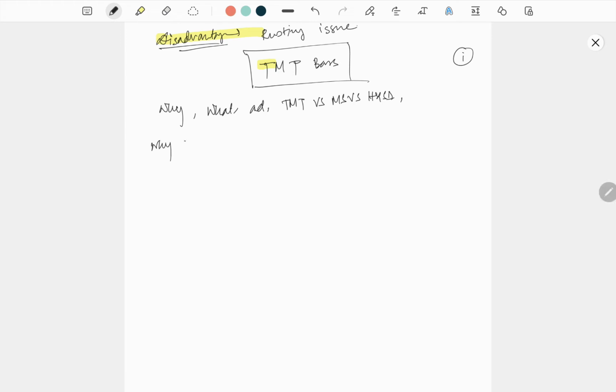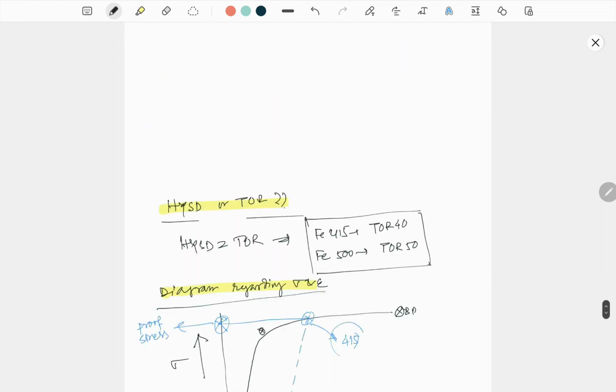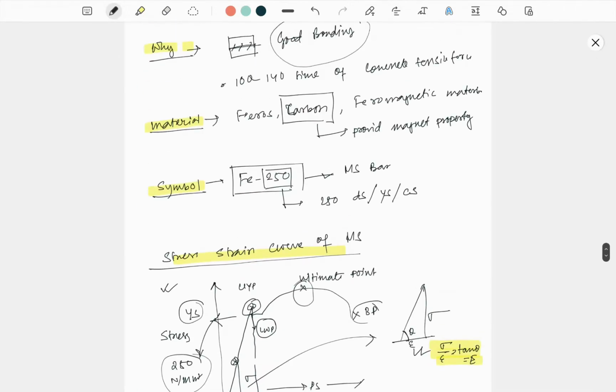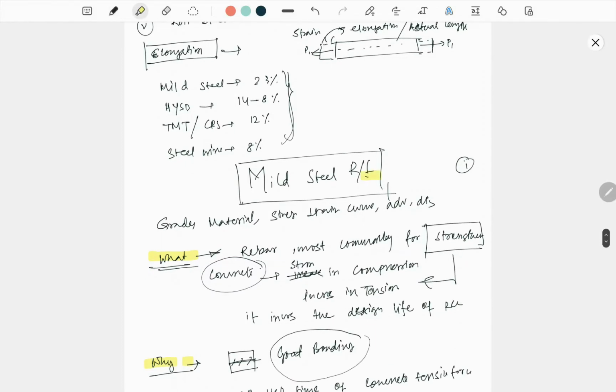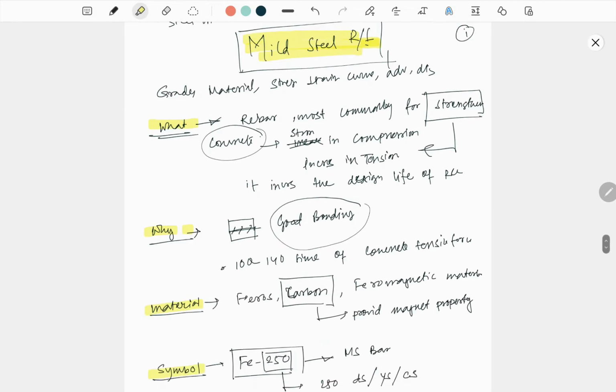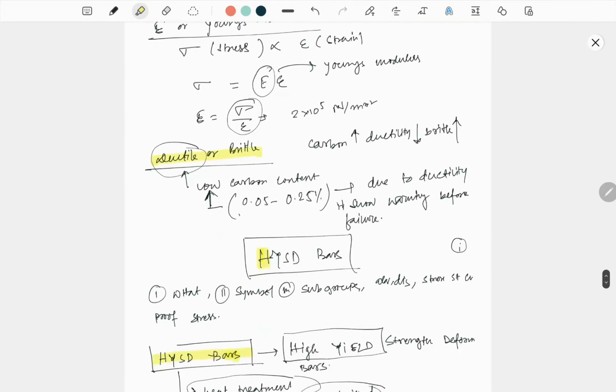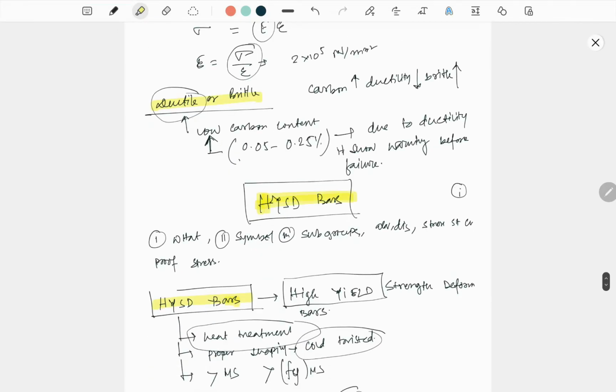Why did the TMT bar come to the market? See, in this steel series, first we talked about mild steel, then we discussed HYSD bars.